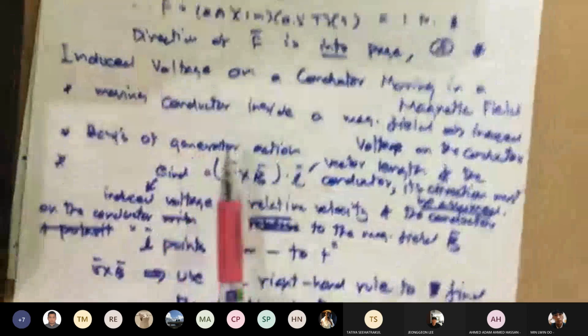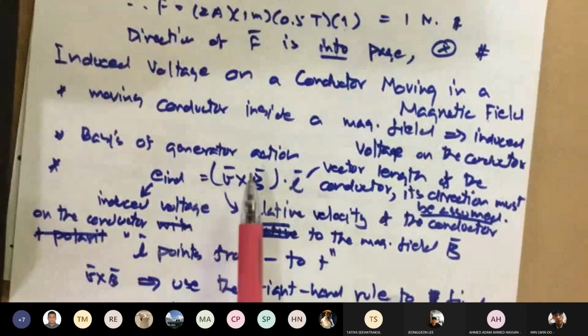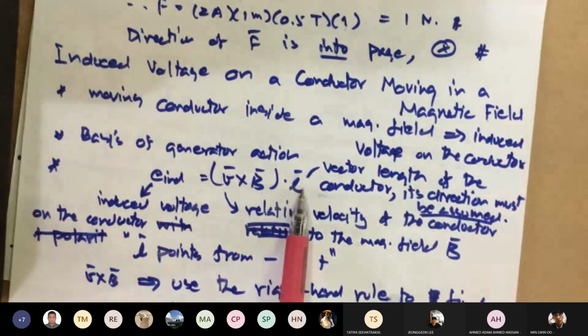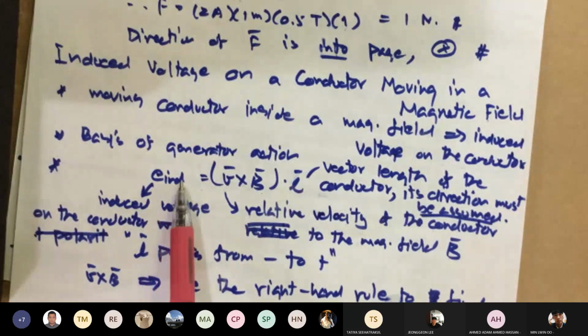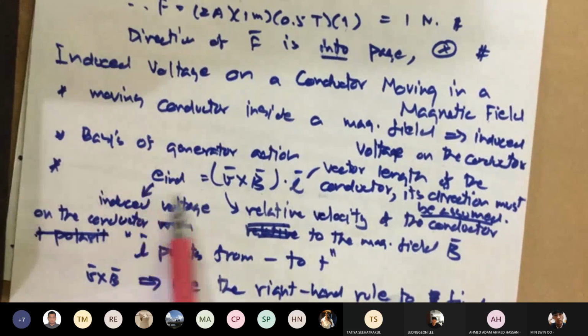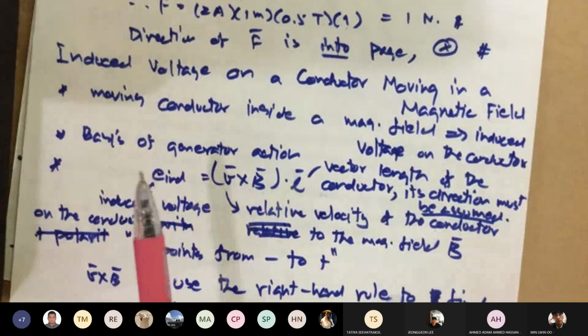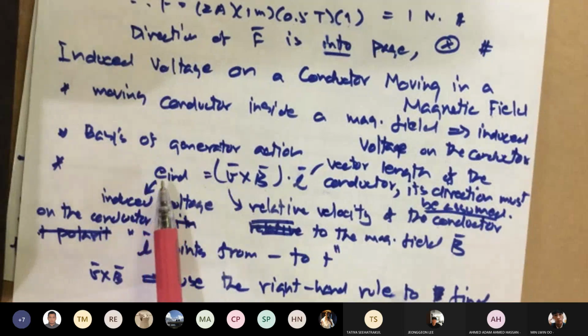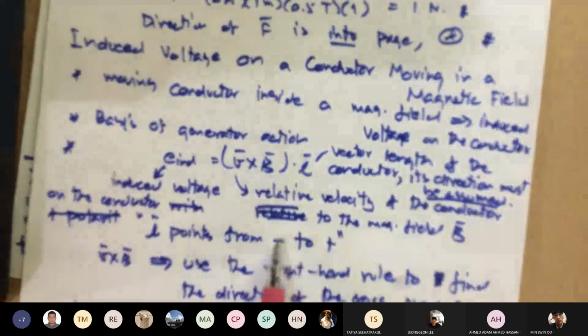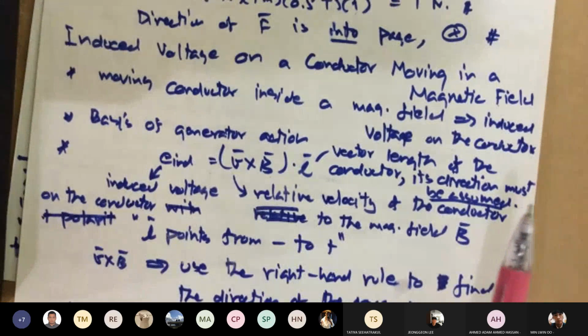But here, a cross product gives you a vector, and a vector dotted with a vector is a scalar. So induced voltage is a scalar quantity. Don't get confused. It has a polarity, negative and positive, not direction.